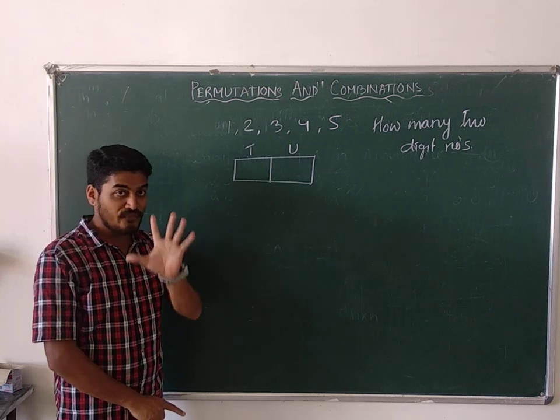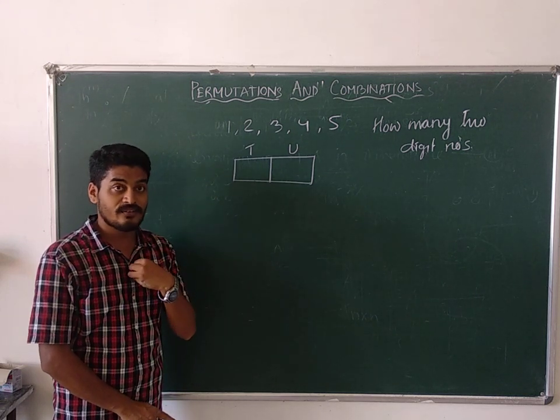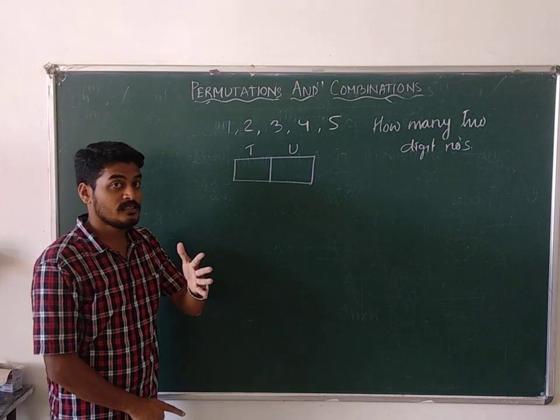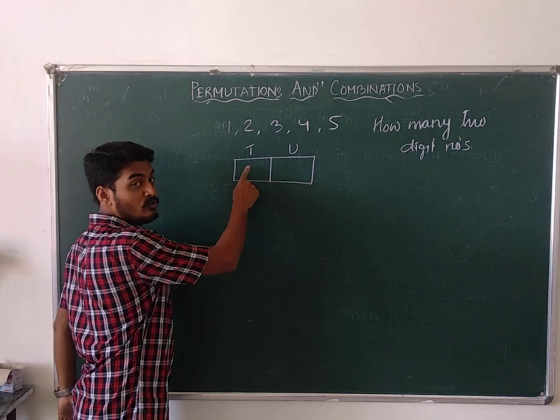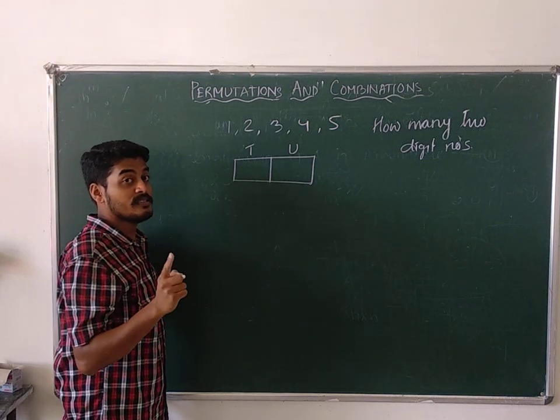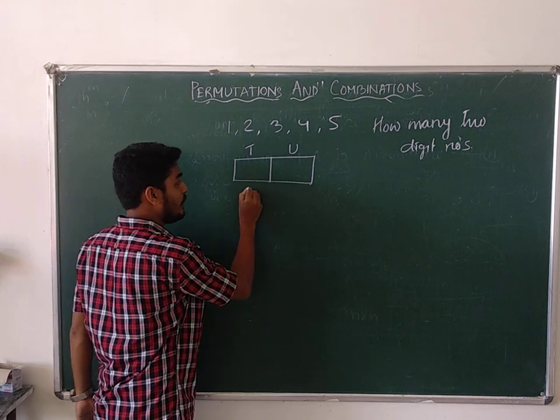That means I have 5 different possibilities. I will write down 5.